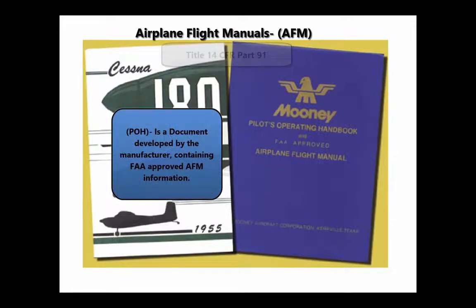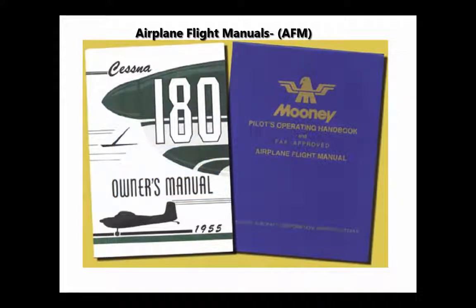The POH is a document developed by the aircraft manufacturer and contains FAA-approved AFM information. If POH is used in the main title, a statement must be included on the title page indicating that sections of the document are FAA approved as the AFM.